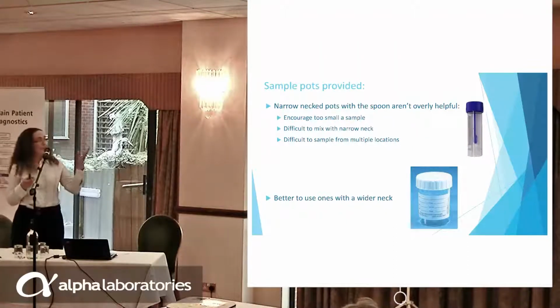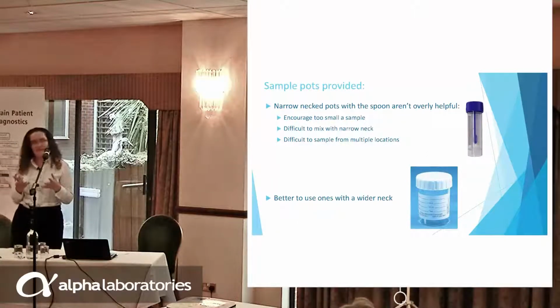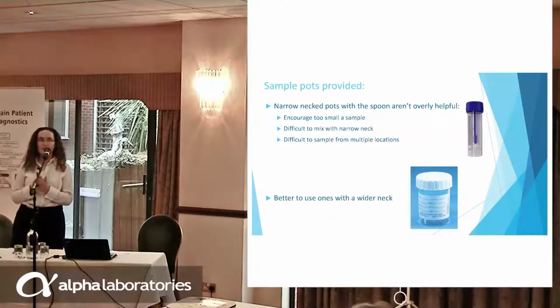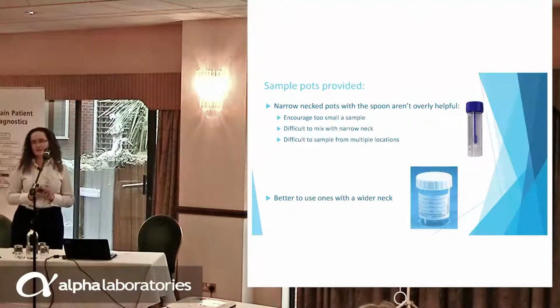I think the laboratories tend to use these pots because historically biochemists haven't necessarily done fecal testing. When you're having to do them back in the laboratory, you're looking around and thinking, oh, what pot have I got? I know, the microbiologists use this pot, and that's fine, because in microbiology, the stool is absolutely teeming, so it's completely fine to have that tiny little tip, but for biochemists and calprotectin, you need more than that.